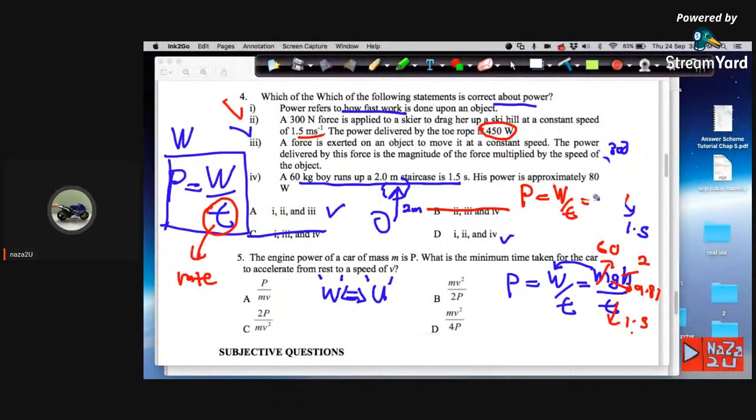No, it's not equal to 80. So meaning here, the answer is wrong. So we do not consider it. This is the wrong answer. Yeah, number 4 is A. Right? Okay, class, continue to number 5.